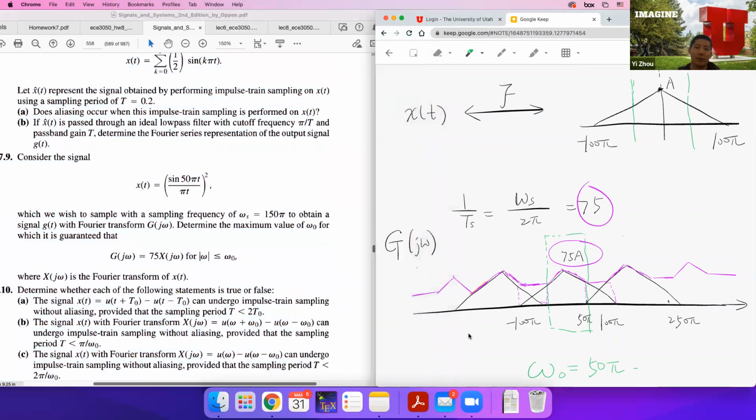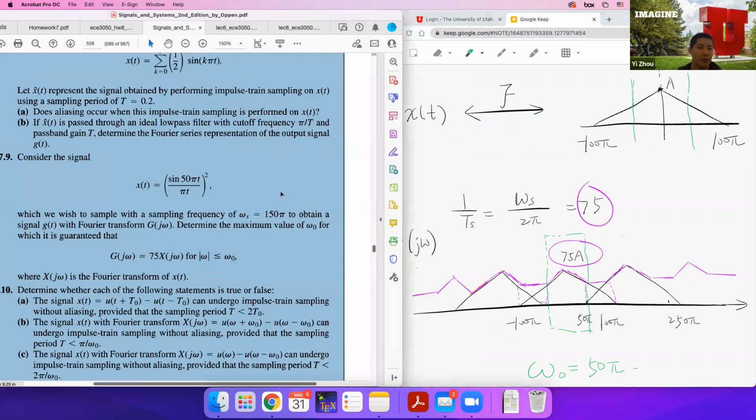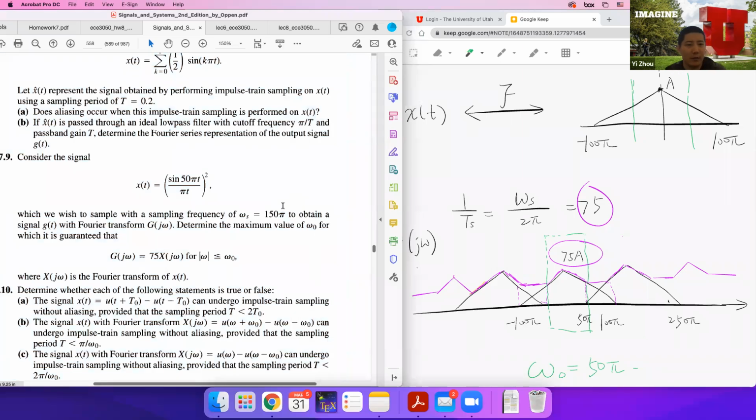Okay. So which means between negative 50 pi and 50 pi, within this green band, the sampled spectrum is 75 times the original spectrum. Okay, so this is the 7.9.